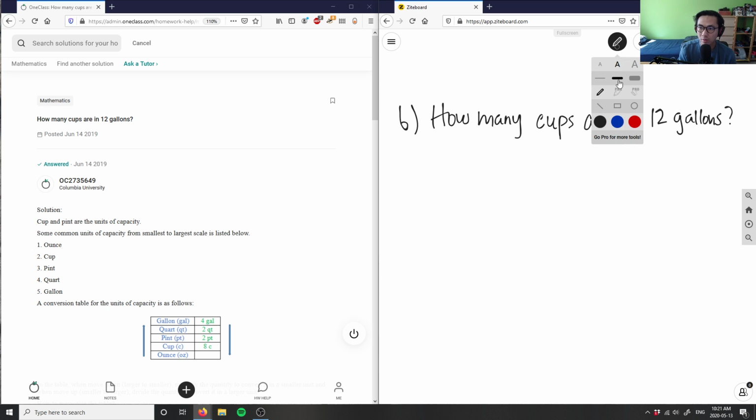And again, we are in the empirical system, and it is measuring volume.